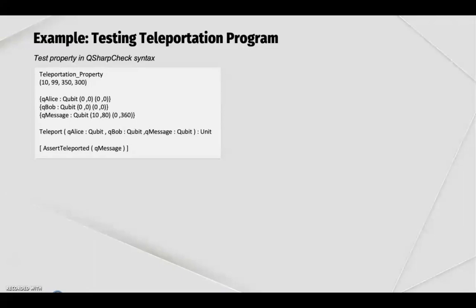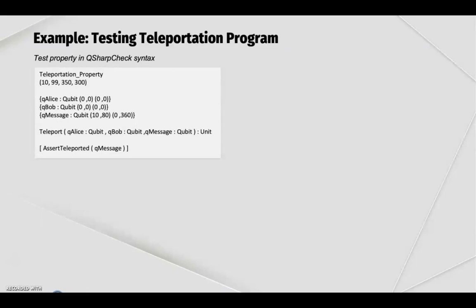As you can see, the state intervals for QAlice and QBob are all 0. It means that each qubit is initialized to state 0. However, QMessage's state has been chosen from the specified subspace, which is defined by all values of theta between 10 and 80 in degrees, and all values of phi between 0 and 360 in degrees again.